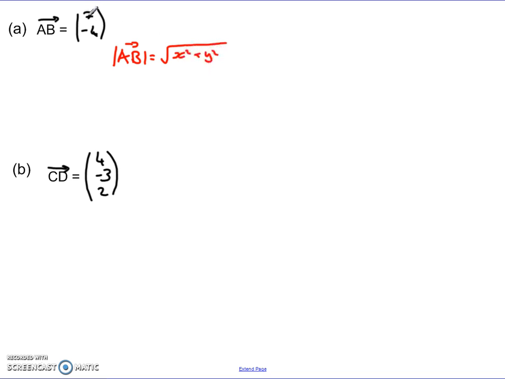Now x is the x component, y is the y component, so we can simply say it's given by the square root of 7 squared plus negative 4 squared. 7 squared is 49, plus negative 4 squared, which is 16. 49 plus 16 gives you 65. So it's the square root of 65, which gives me 8.1 to 1 decimal place. So the size of that vector is 8.1 units.